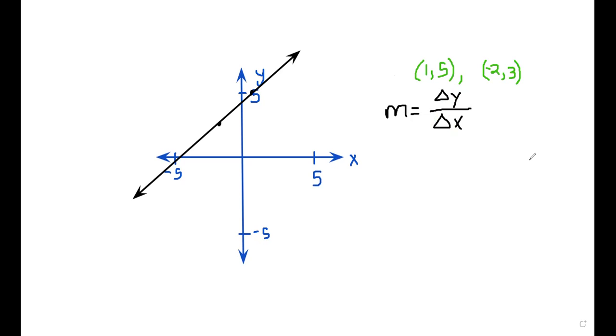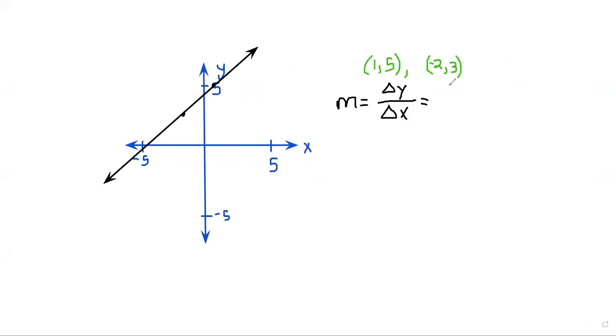Okay, so how does y change? Well, let's look at our y values. We have a 5 and we have a 3. I'm going to start with the 5. Now change, how it changes, is going to be subtraction.